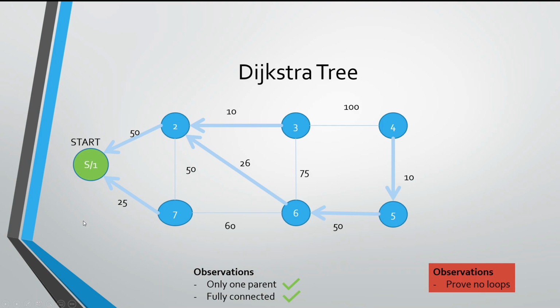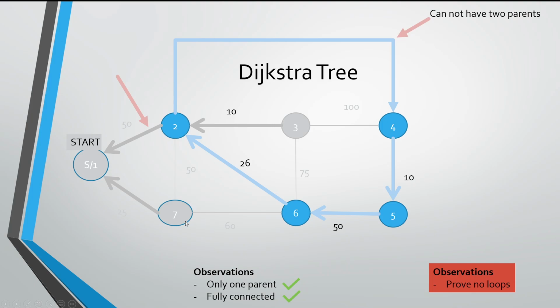Now we have to prove that there are no loops. Once we prove that it's a fully connected graph and there are no loops, we can claim that it's a tree, right? So how do we prove that there are no loops? In our example, we don't see a loop. So let's say in this example there was an edge like this, and it would form a loop on these nodes.